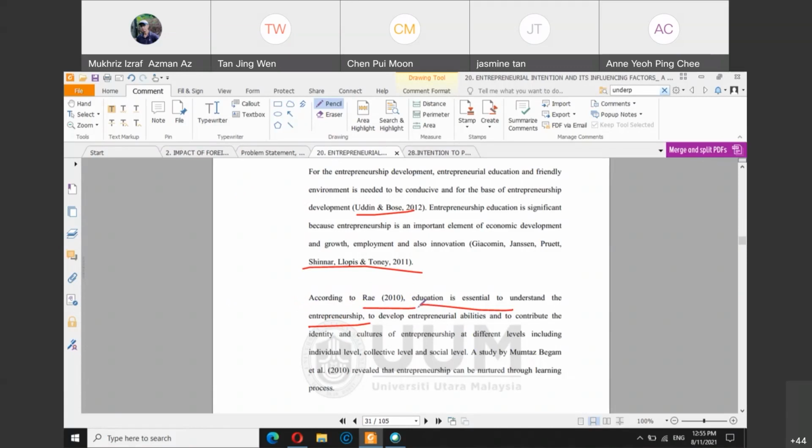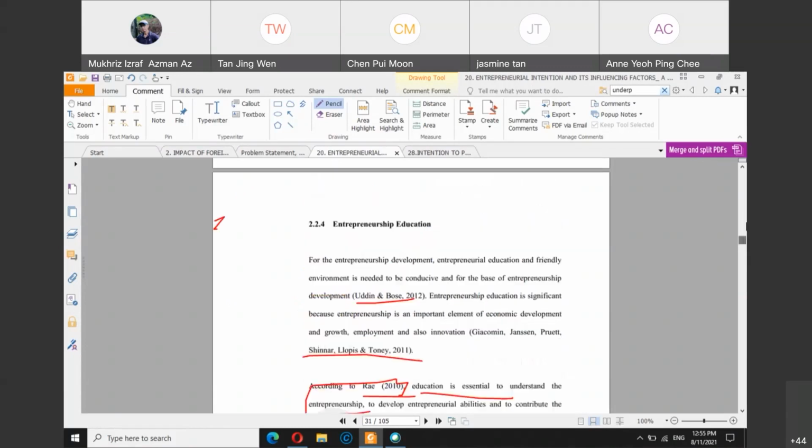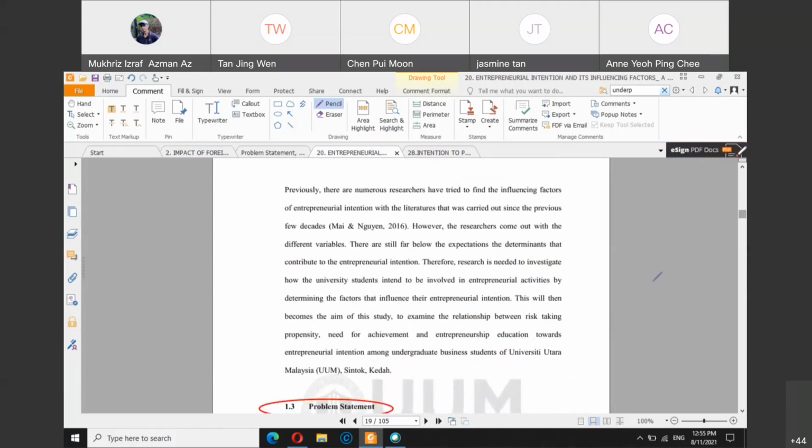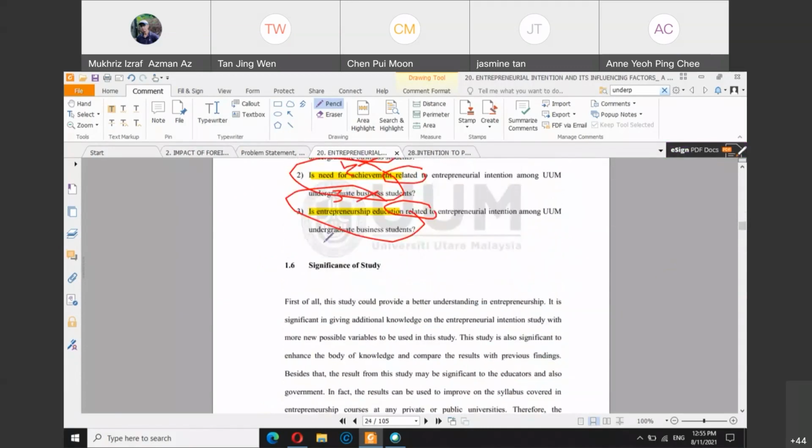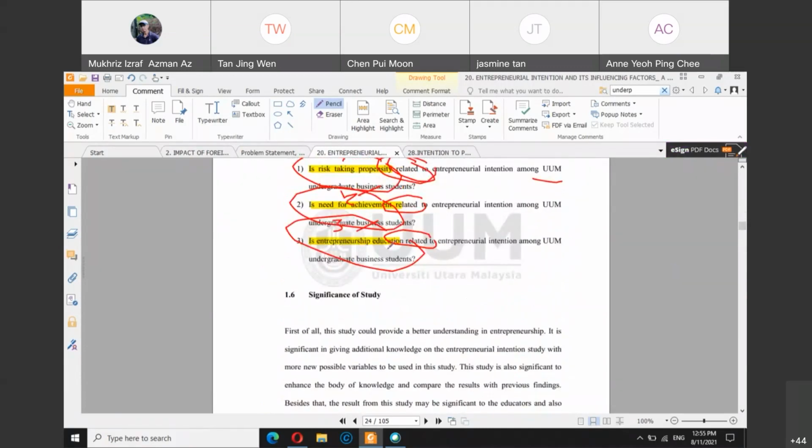According to Ray, education is essential to understand entrepreneurship. The article by Ray mentioned the factor of education, which is one of the questions the student is asking: is entrepreneurship education related to entrepreneurial intention? One of the articles related to this is by Ray 2010.